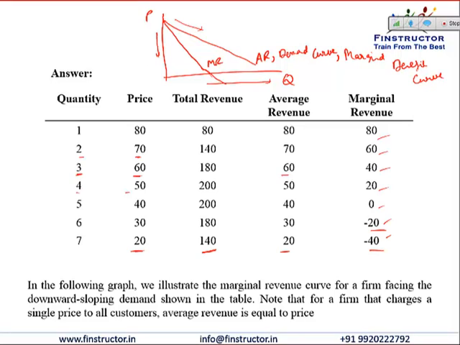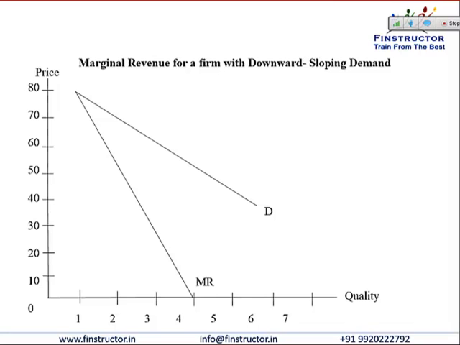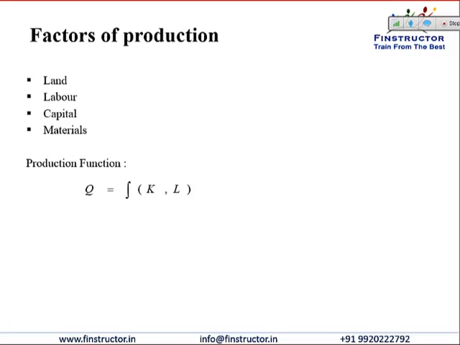So that's the concept of the total revenue, the average revenue, and the marginal revenue. For any process or for any kind of production, generally speaking, we require four inputs. We require land. This is the actual land on which we will build our factory.